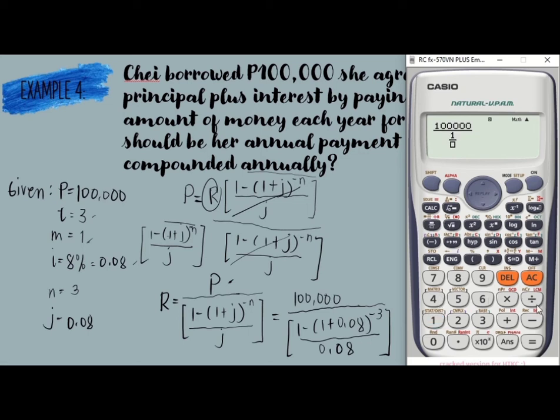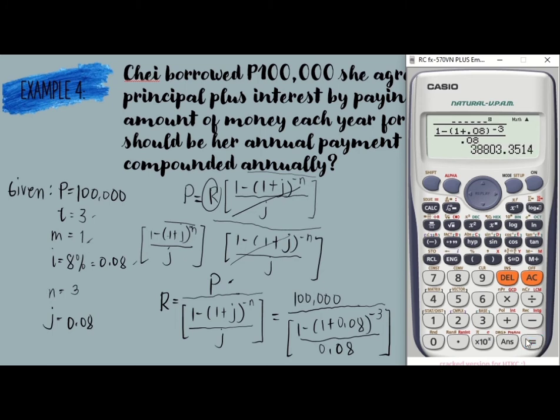Okay, so 1 minus the quantity of 1 plus 0.08 raised to negative 3 over 0.08. Then equal.